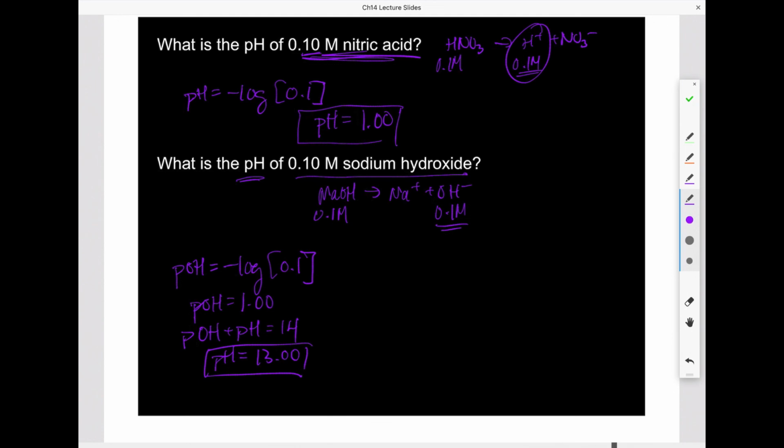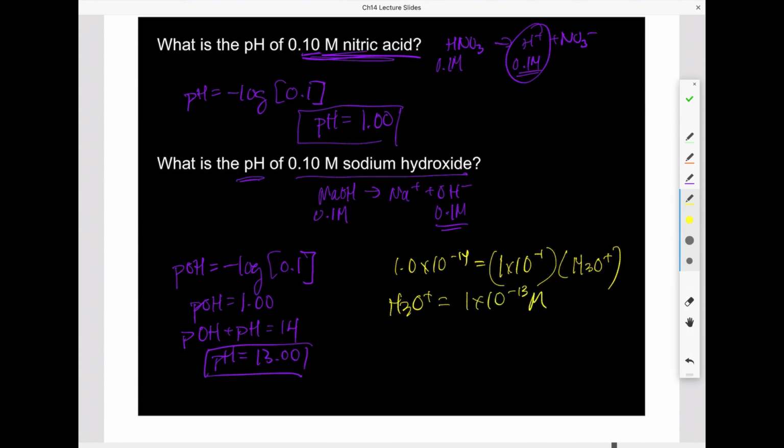Alternative would be that I could set up the equation from the previous page that says 1 times 10 to the negative 14th is equal to 1 times 10 to the negative 1, that's my hydroxide, times my hydronium. And if I do that math, I'm going to find that hydronium ion is what? Right, 1 times 10 to the negative 13th molar.